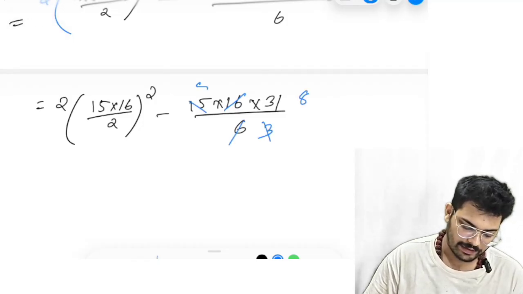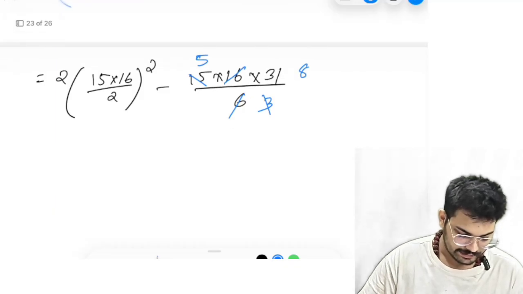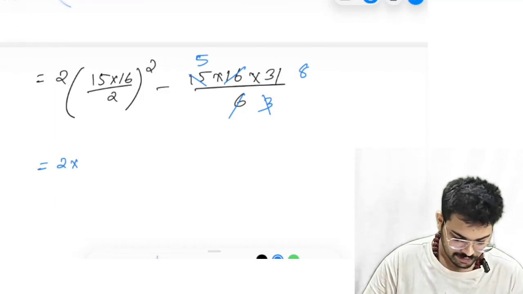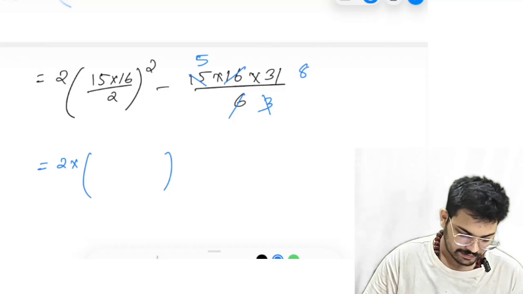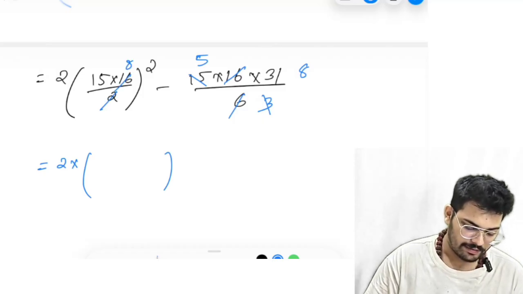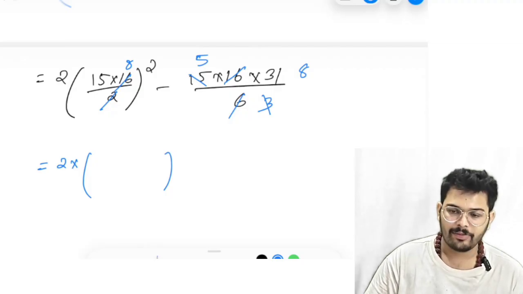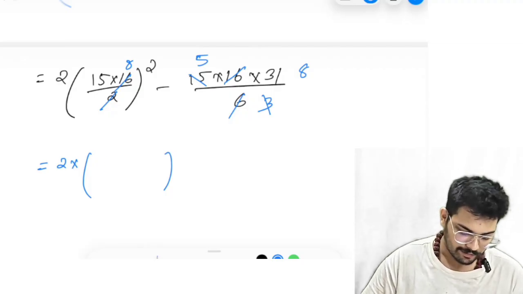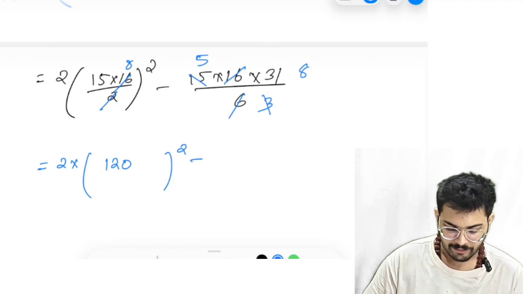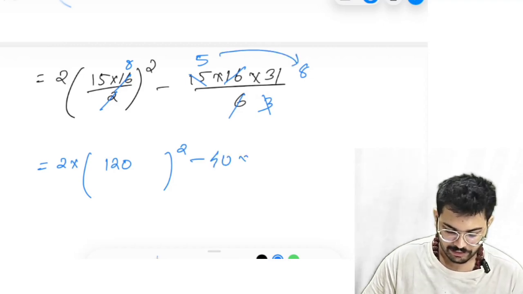Again we cancel with 5, and this can be written as 2 into 15 into 60, so it can be cancelled and we can write it as 8. Now 8 into 15 is 8 into 10, which is 80, and another 40, so this will become 120 the whole square, minus 8 into 5, which is 40, into 31.